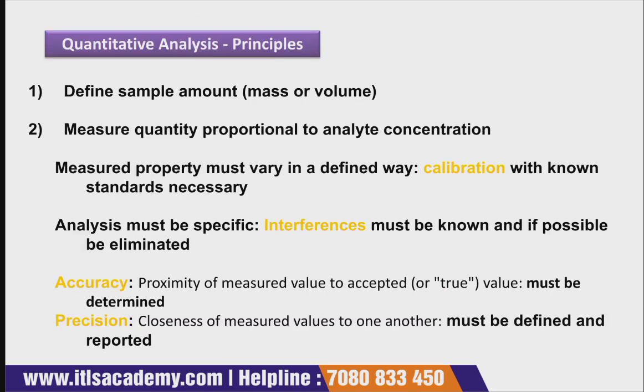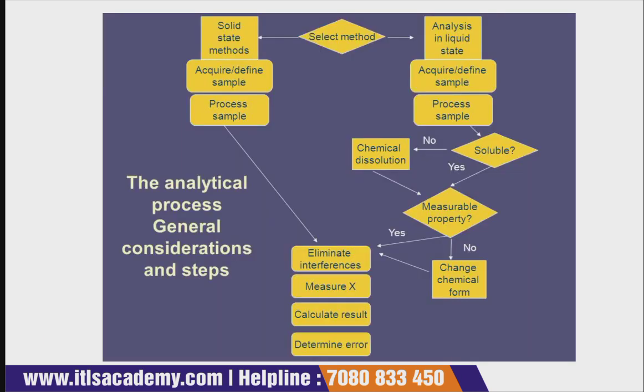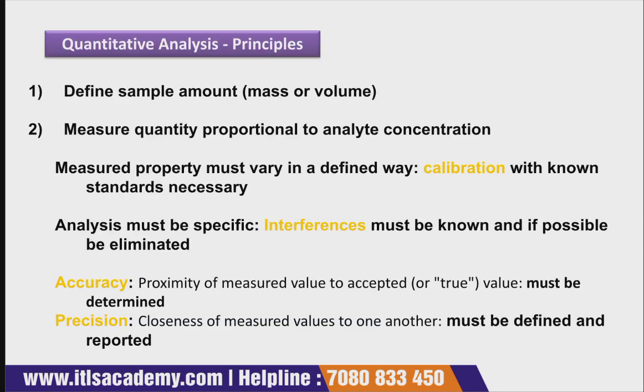Okay, now comes the quantitative analysis principle. Again, the same thing that we have just discussed, so it's a revision. If you talk about the principle, then you have to firstly define the sample amount, whether it's in the form of quantitative or non-quantitative.